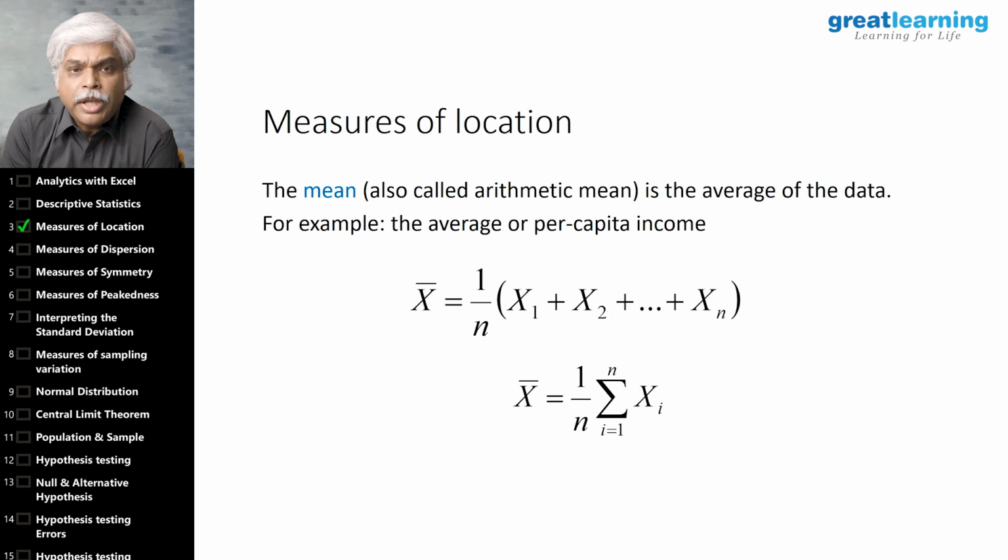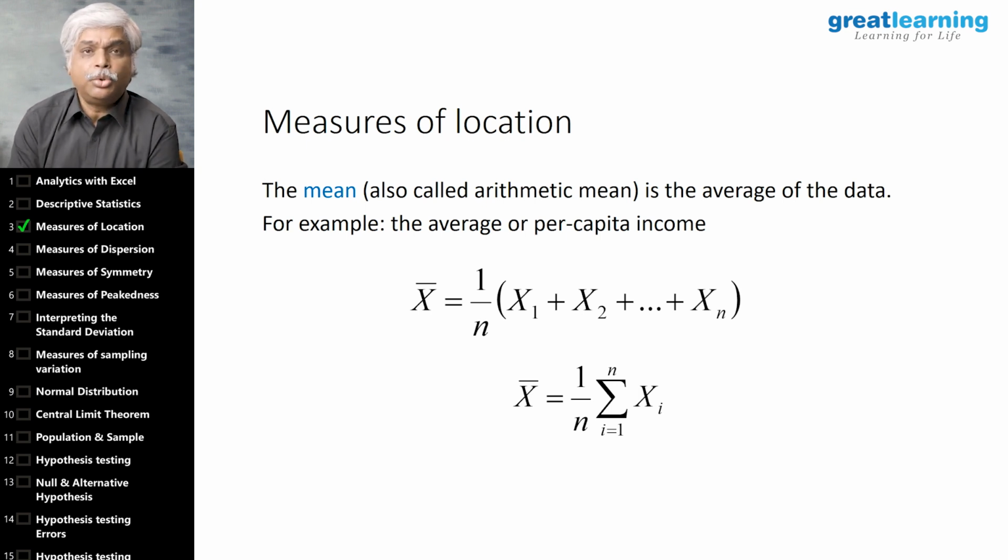The first measure of location that we'd like to consider is called the average. Sometimes it is referred to as the mean, which is the usual statistical terminology. A more precise terminology for it is the arithmetic mean. There are other notions of the mean, for example, geometric means and harmonic means that extend this idea.